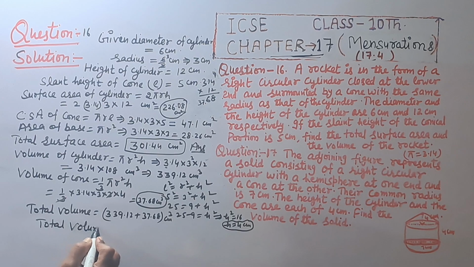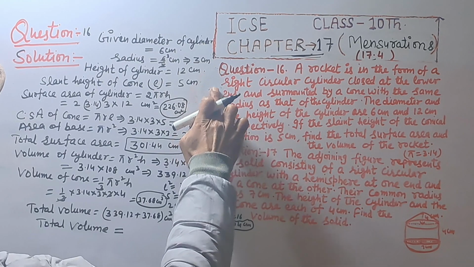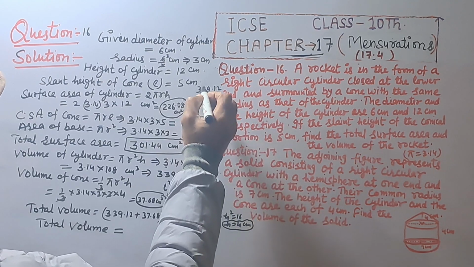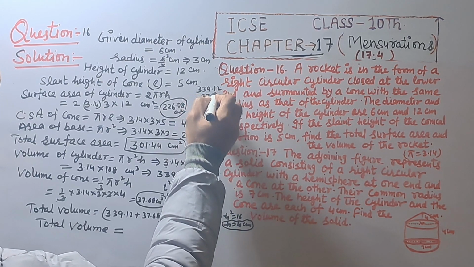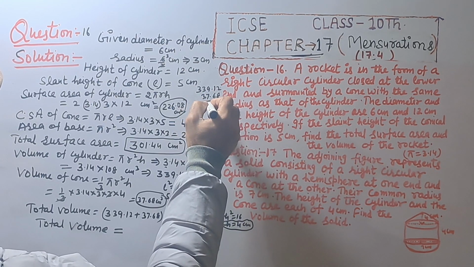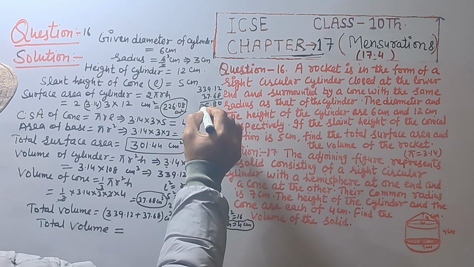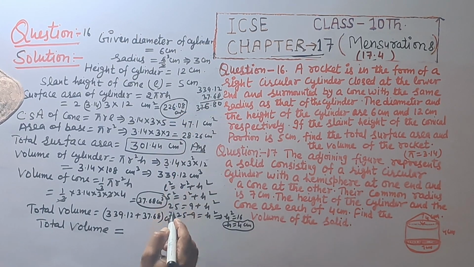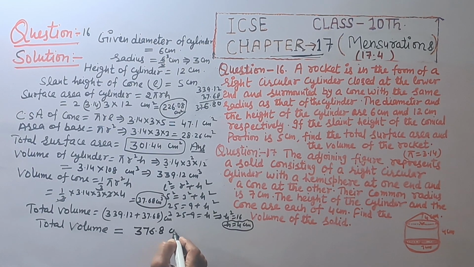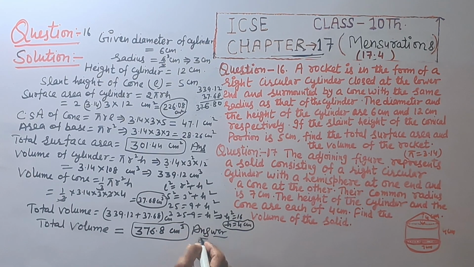Total volume equal to 339.12 plus 37.68, that is 376.8 centimeter cube. Answer.